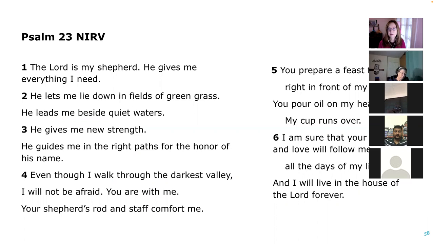And it's a pretty simple Bible translation. You can find it at BibleGateway.com. But this is a good one to use with beginning students, along with also the easy read version of the Bible, the ERV. Those are two of them that we frequently use.